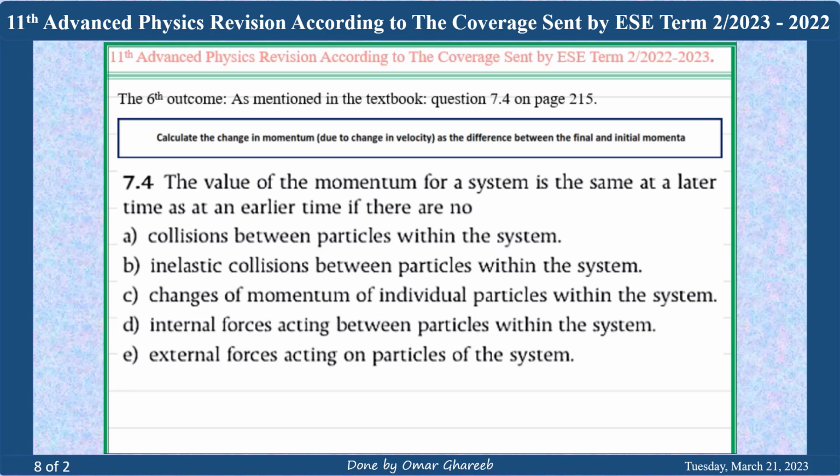Now 7.4: the value of the momentum for a system is the same at a later time as at an earlier time if there are no external forces acting on the object, because the particles or the system should be isolated.